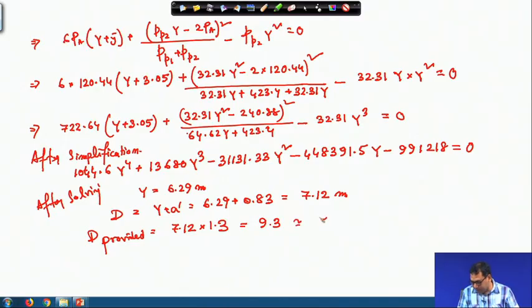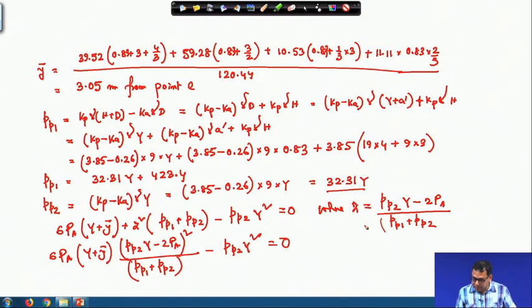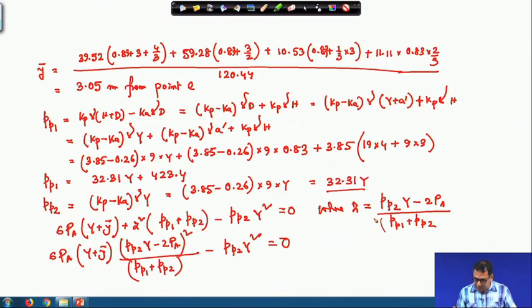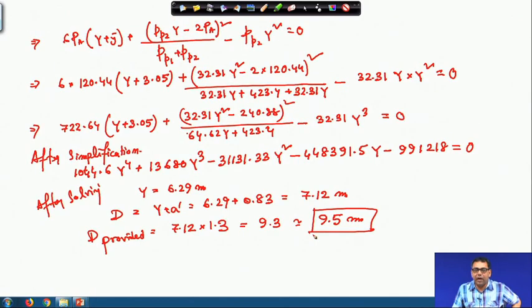So, I will provide 9.5 meter as the depth of the sheet pile. So, you can see that for a height h of 7 meter, the required depth is 9.5 meter, which is very high.